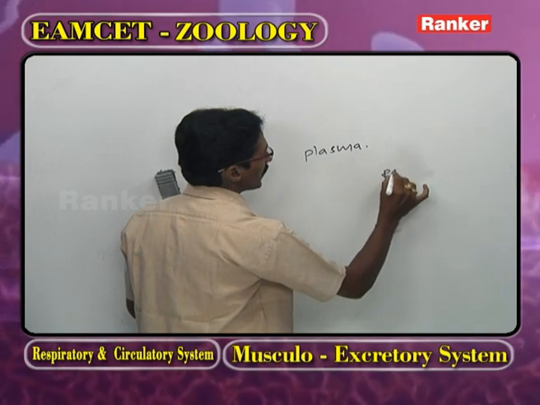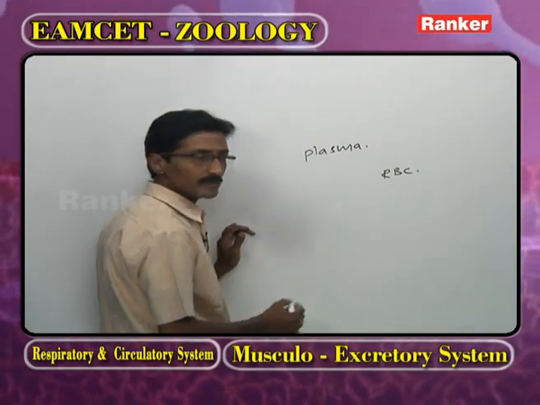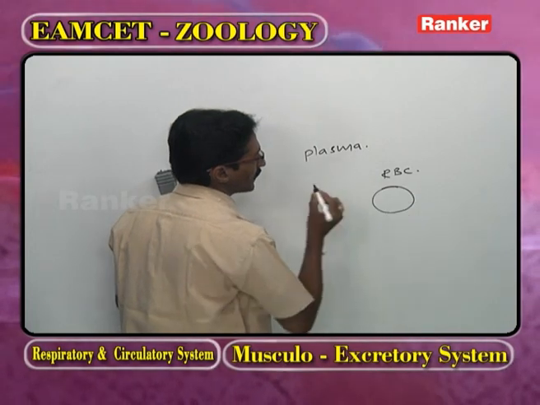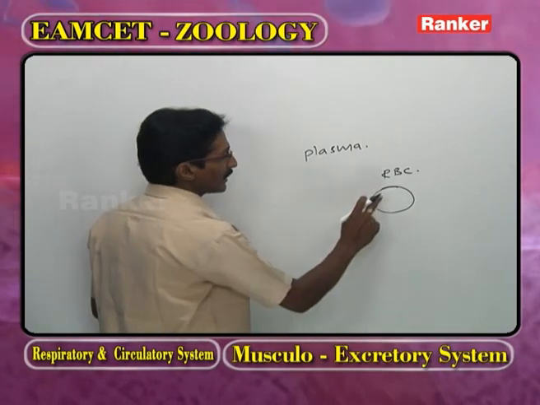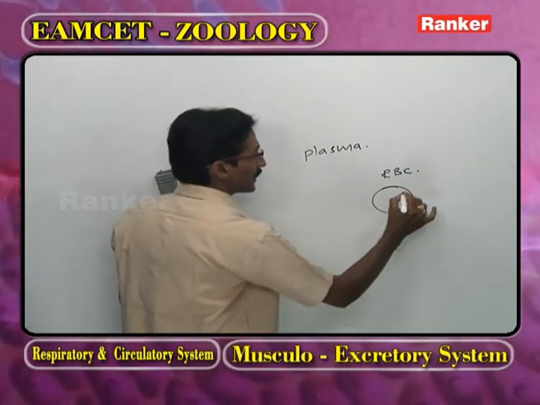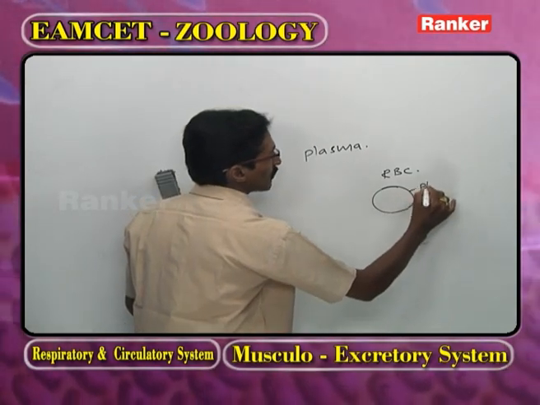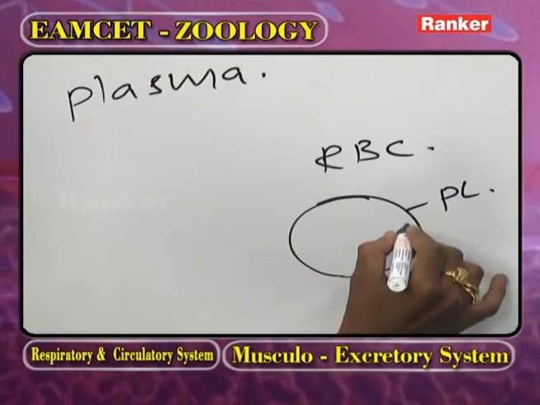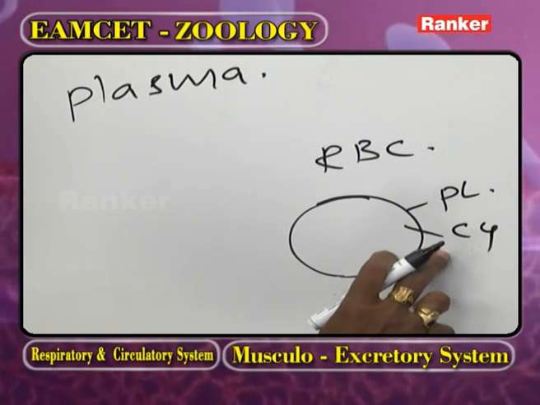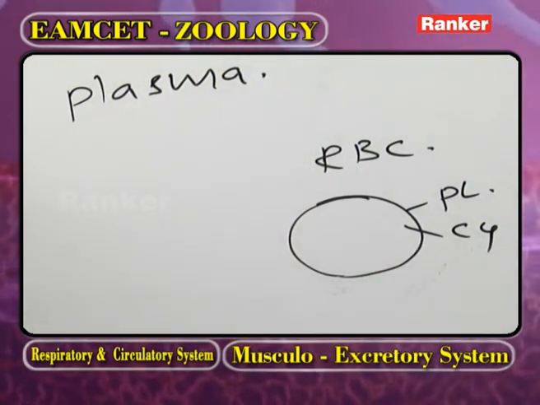And this one we call RBC. Now, as we observe the RBC, in case of mammals, the RBC is biconcave and circular. The RBC is covered by plasma lemma, and this is the cytoplasm. In the cytoplasm, the water is present.